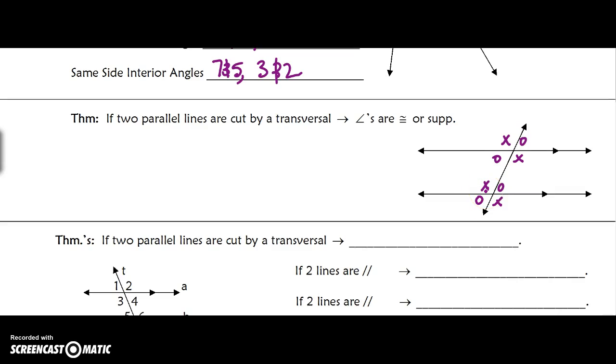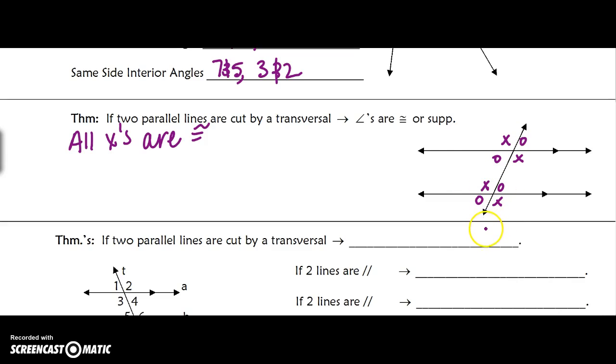We're going to alternate X and O, starting with the same spot, so therefore your corresponding angles would have the same letter in there. And what I'm going to tell you is all of your X values are the same, so they are congruent. So this angle is the same value as this one, which is the same value as this angle and this one.